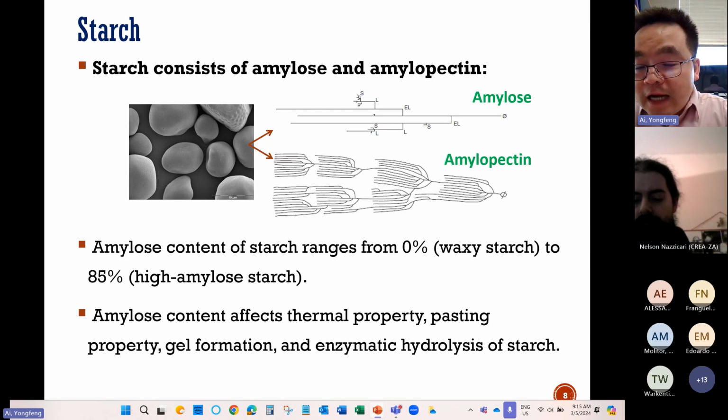The amylose content of starch can range from 0, such as in waxy starch, to 85%. Some of the high amylose starch can go up to this high level of amylose. And the amylose content can really influence the thermal property, pasting property, gel formation, and enzymatic hydrolysis of starch.